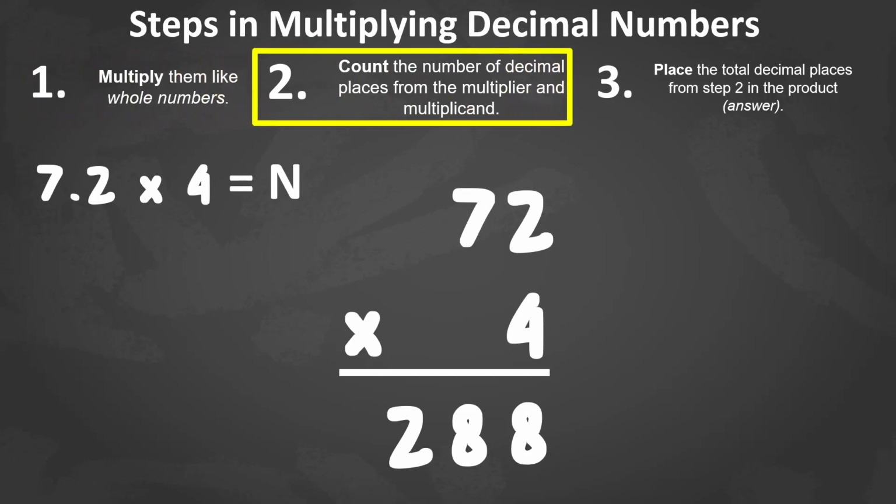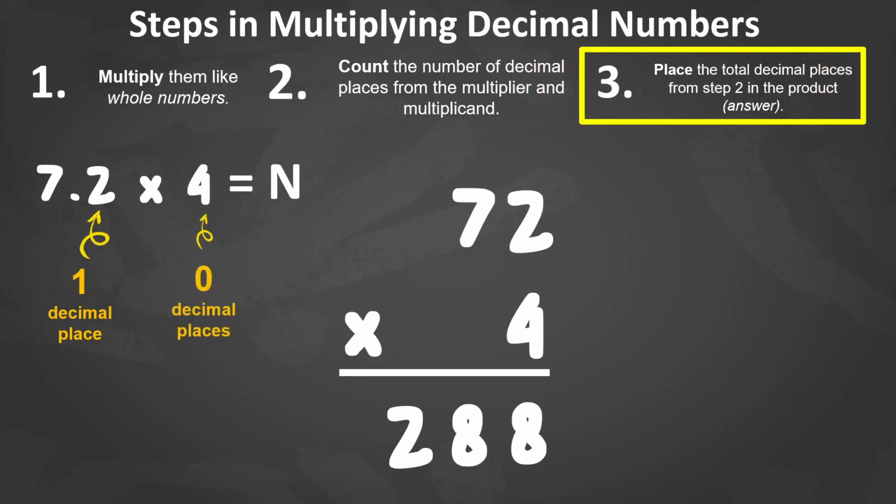Step number 2 is to count the number of decimal places from the multiplier and the multiplicand. We have 7.2. We have only one decimal place there since we only have one digit after the decimal point. And for our multiplicand, which is 4, we don't have any decimal places. Step number 3 is to place the total decimal places from the multiplier and multiplicand in our product.